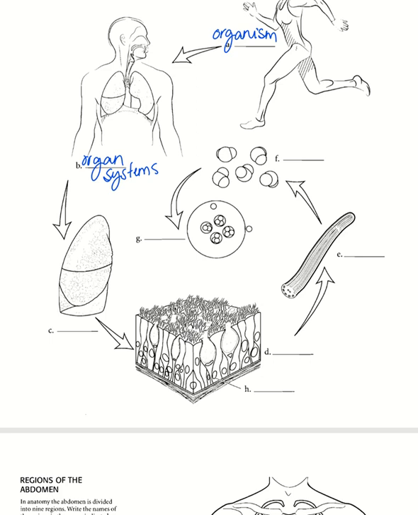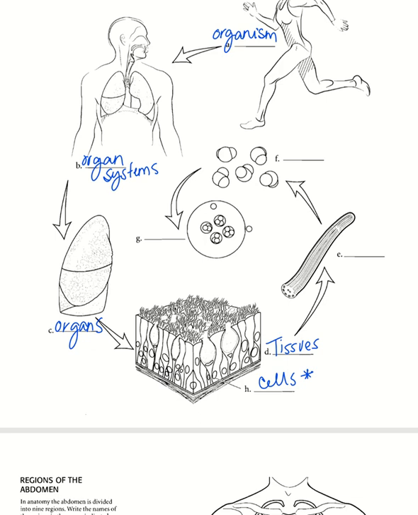The organ systems consist of organs, which are made of tissues, and those tissues are made of cells, which are the smallest level of life.